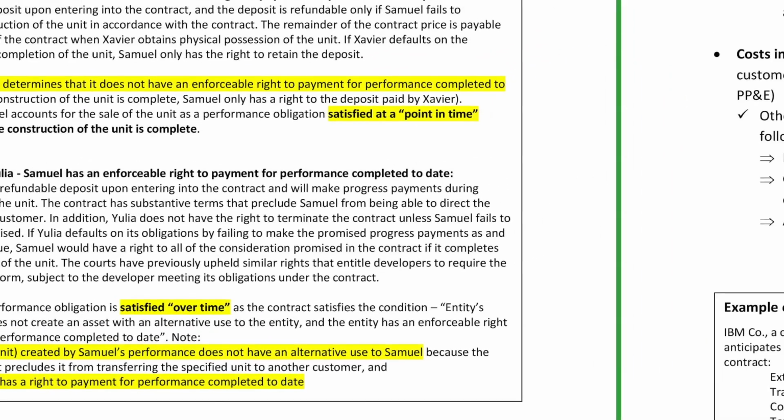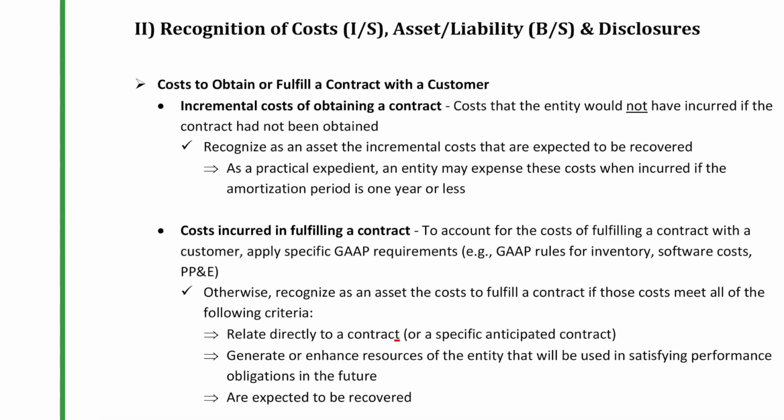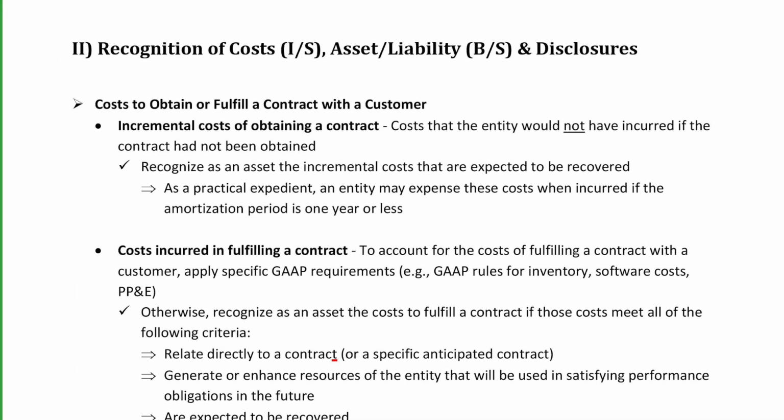So turn a few pages till you get to page 61, where we're looking at costs. So first, let's talk about incremental costs of obtaining a contract. So these are costs that the entity would not have incurred if the contract had not been obtained.